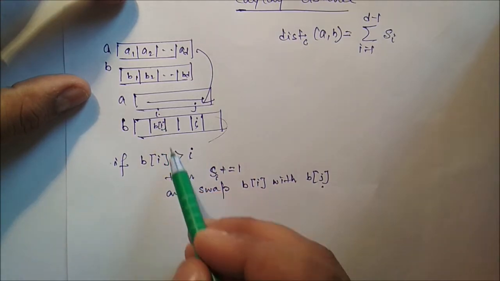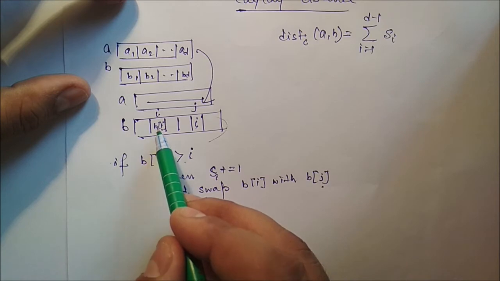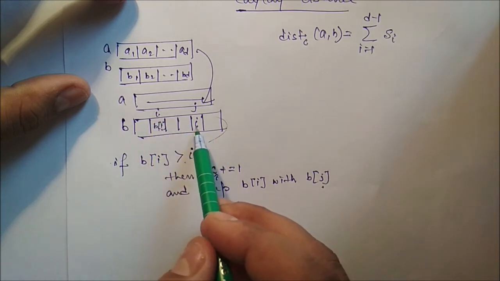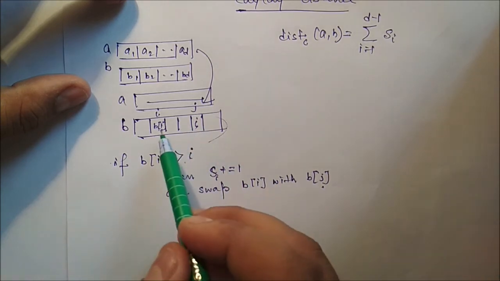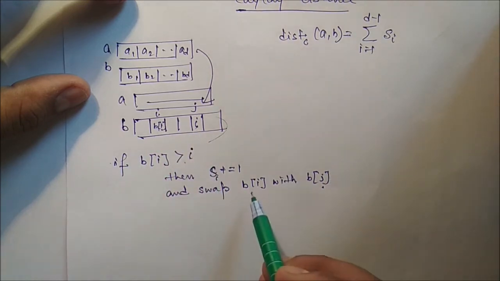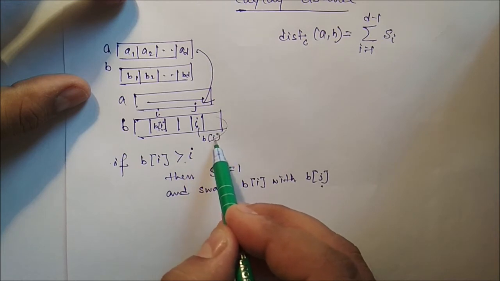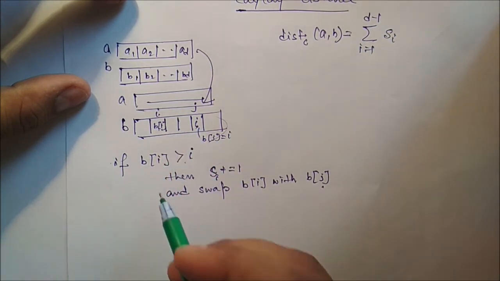So if this is the case, that means these both are not same. If both are not same, that means I must be somewhere here. Say suppose here its index is J. Then what we have to do, we have to swap BI with this. So we have to swap, this is nothing but our BJ, which is nothing but the I. Swap these two.